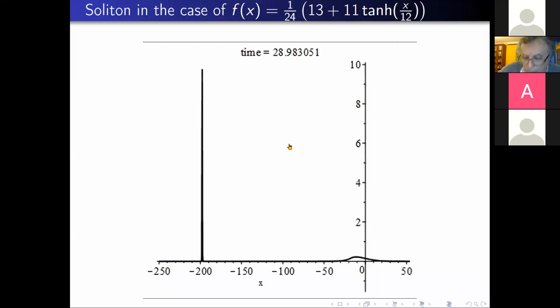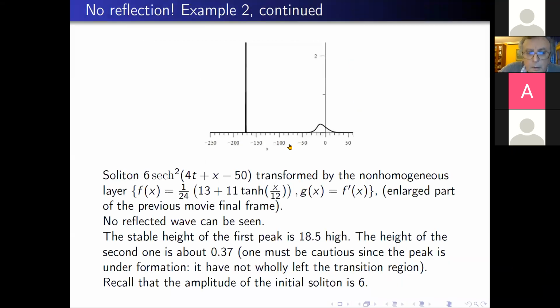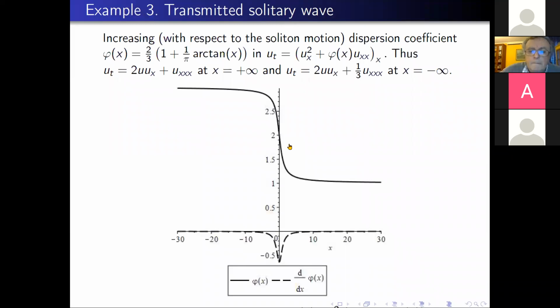And the last example, it's some numbers which cannot be commented on in this form of speaking. The last example is when, instead of decreasing, the coefficient by the dispersion is increasing.